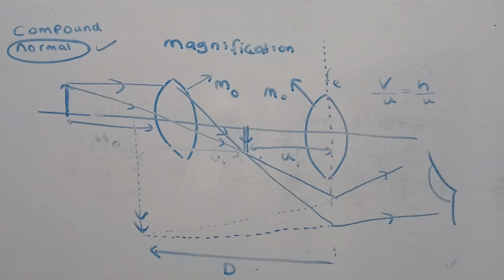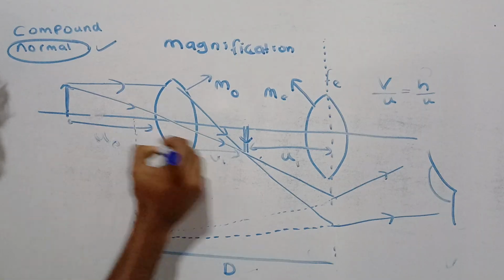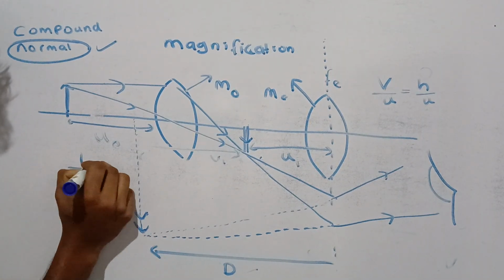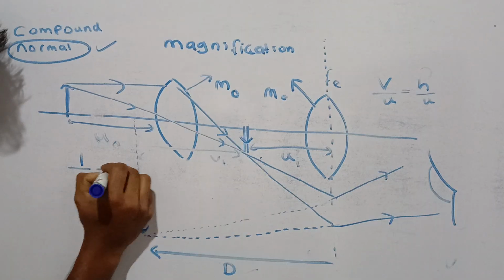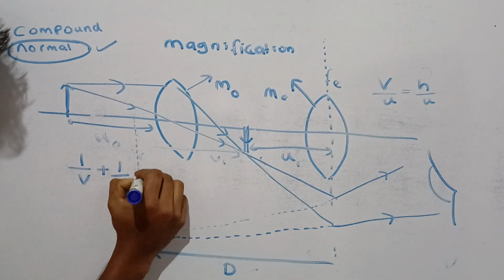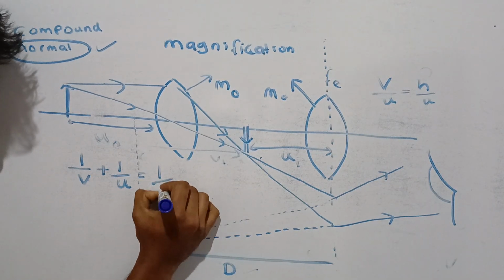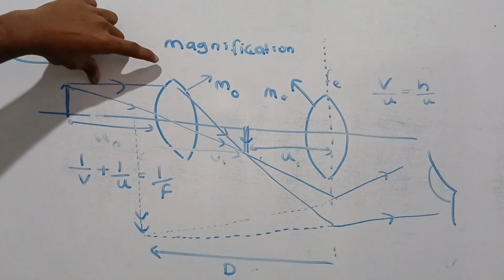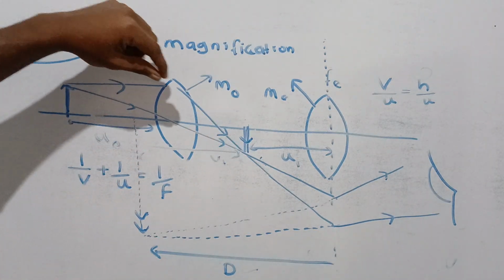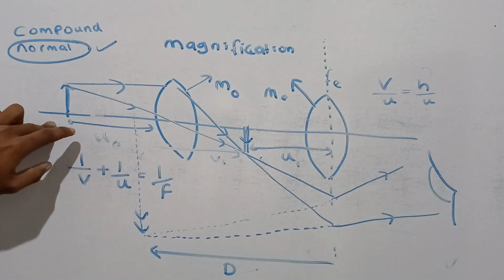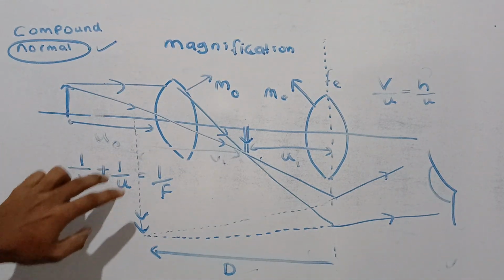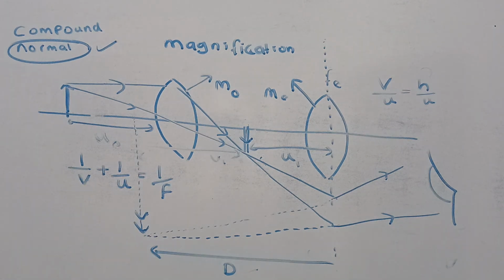Let me write the lens law for this lens. You'll have 1 over v plus 1 over u is equal to 1 over f. Since I didn't use the sign convention, because you can see that there's a real image produced for a real object distance and it is a convex lens, we have 1 over v plus 1 over u is equal to 1 over f.